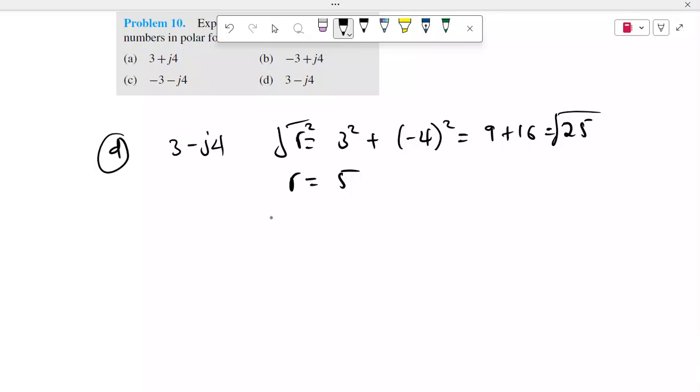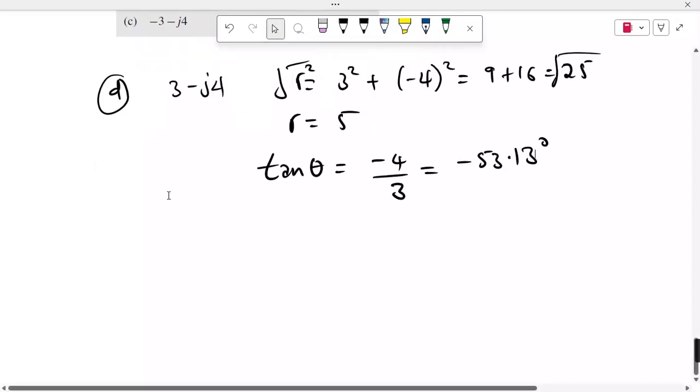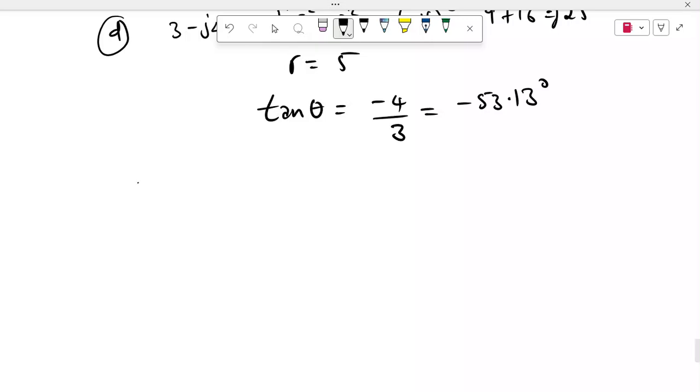Then now, tan theta equals imaginary negative 4 over real 3. So we have already found this part. Meaning 3 minus j4 is the same as 5 at an angle negative 53.1.